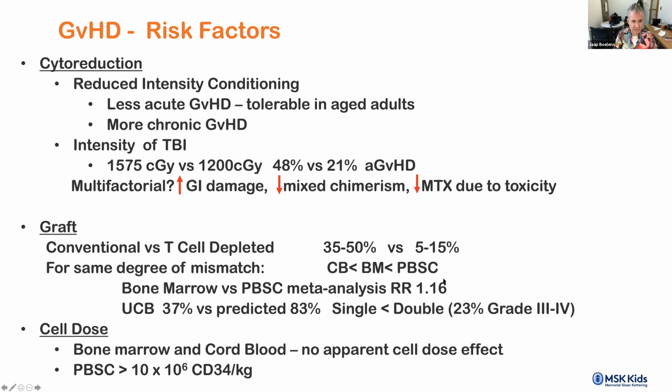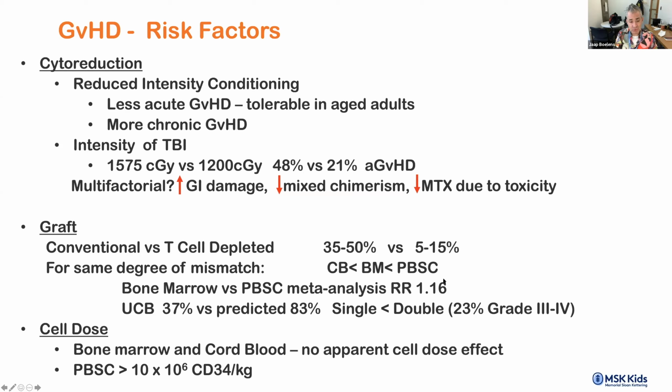If your conditioning regimen is reduced intensity, you have less acute GvHD, but higher chronic GvHD. Reduced intensity, we don't see that frequently in transplants for metabolic diseases, but we see it more frequently in malignancies.